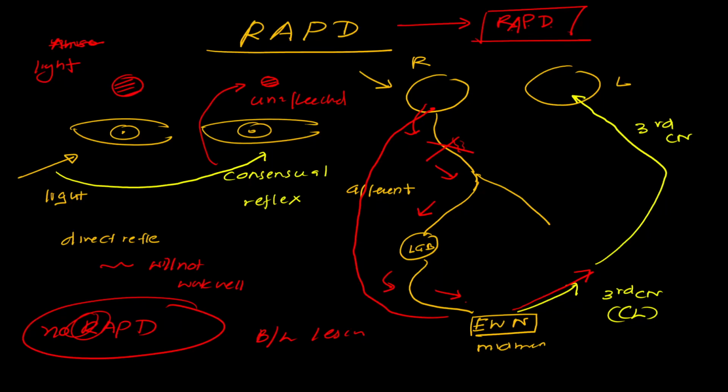Or else, there could be some sort of a cataract or some other problem present, which will lead to the disruption of the light, but the pupillary pathway is not affected.